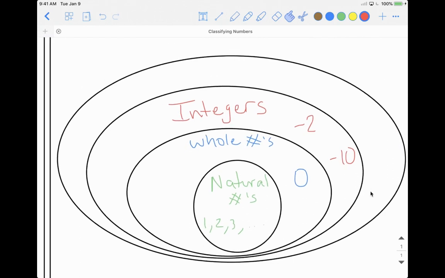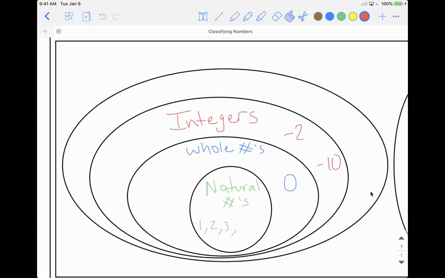All right, so as we move out further, we get to this next circle, and this is where we get to our rational numbers. Rational numbers. And rational numbers are any number that can be written as a fraction, right?